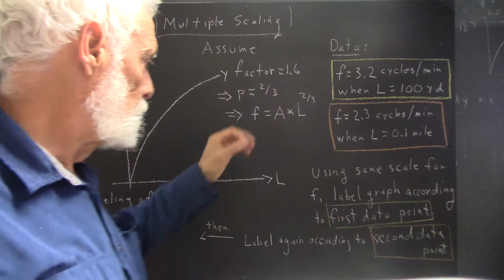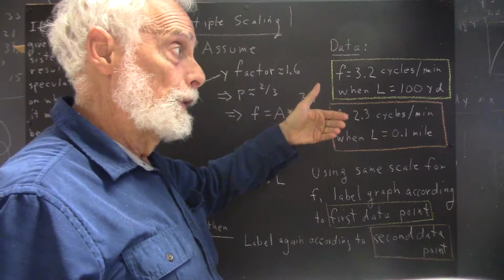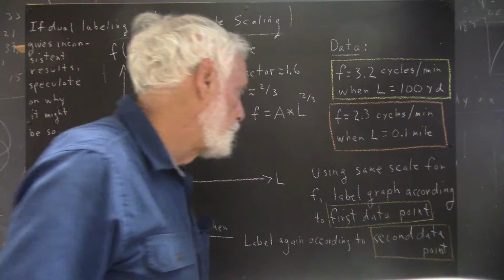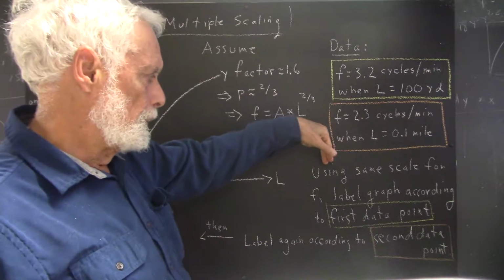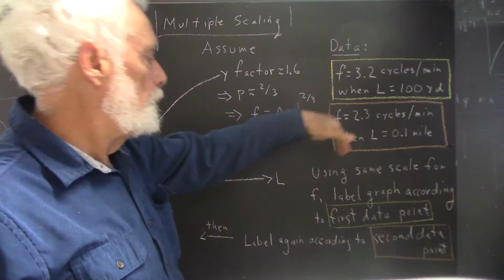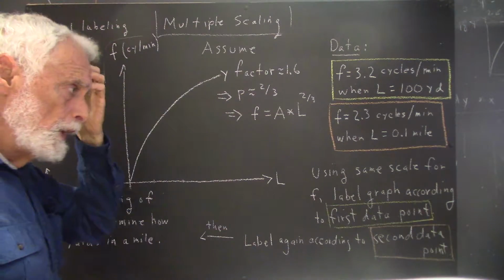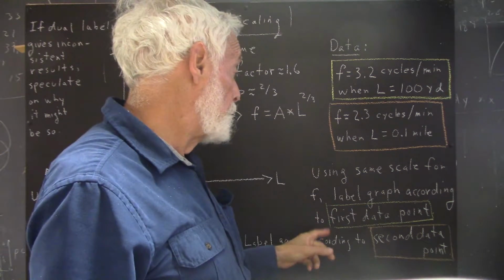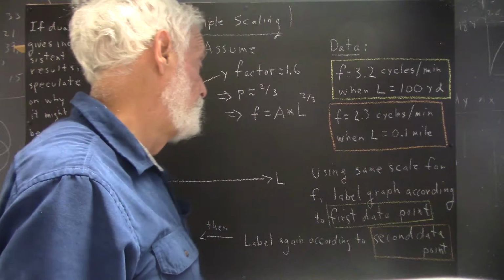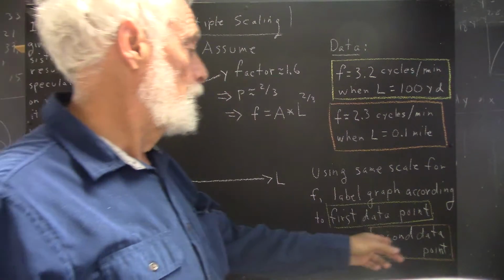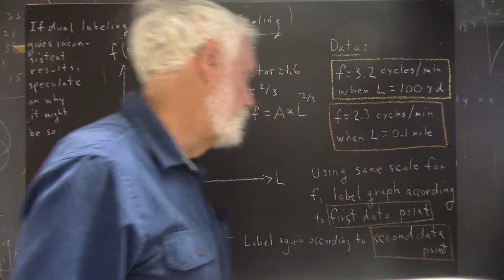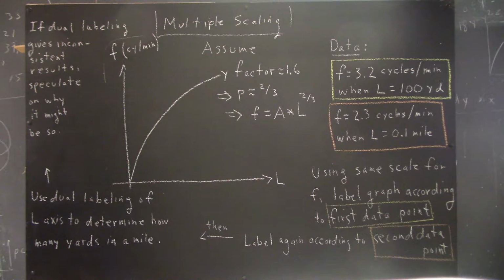That's perfectly okay. If you want to remember that that's hertz, that's a useful thing to know, but not required at this point. Okay, now, using the same scale for F, the cycles per minute scale, we want to label the graph according to the first data point, and then we want to label it according to the second data point.